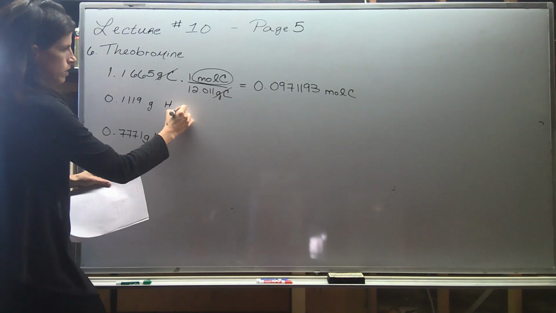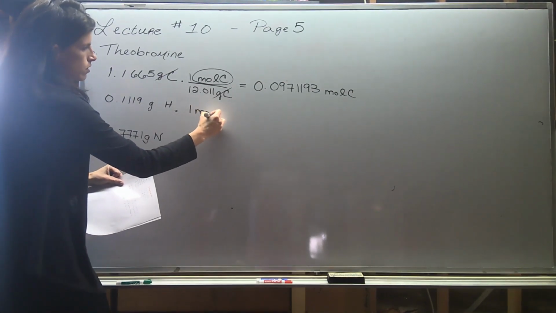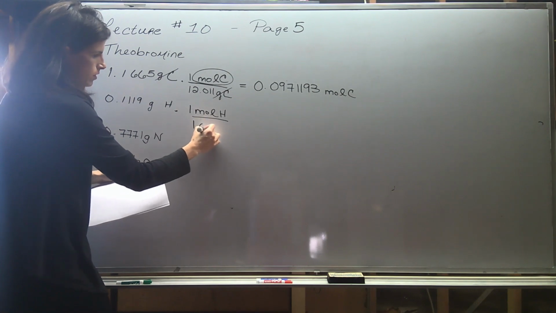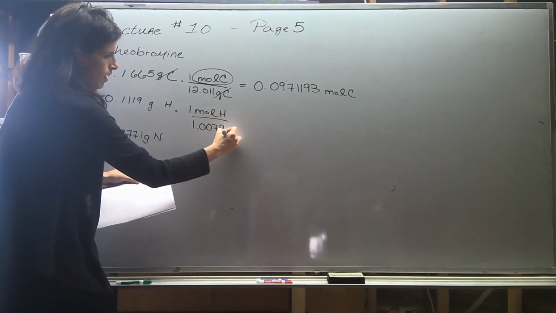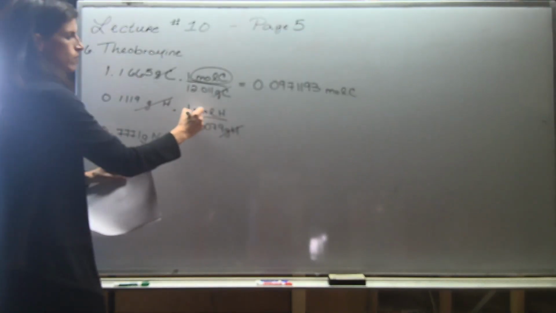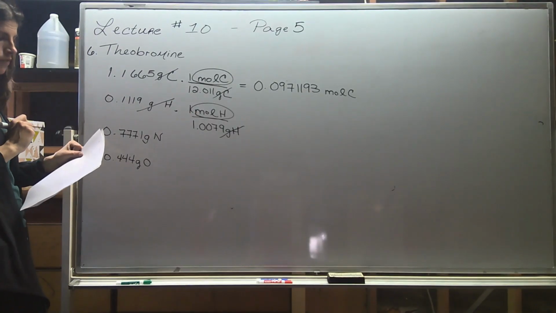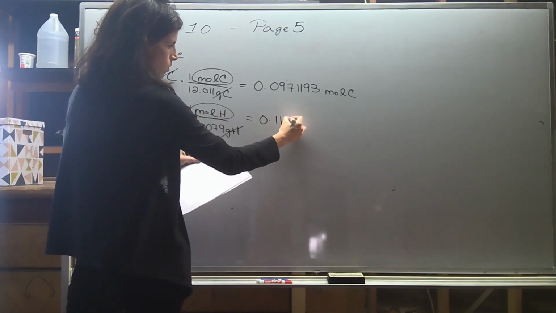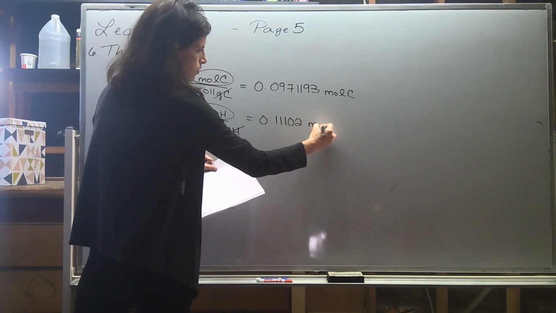I'm going to repeat with the hydrogen. 1 mole of hydrogen from the periodic table, 1.0079 grams of hydrogen. Grams cancel grams, and I'm just left with moles of hydrogen. So 0.11102 moles of hydrogen.